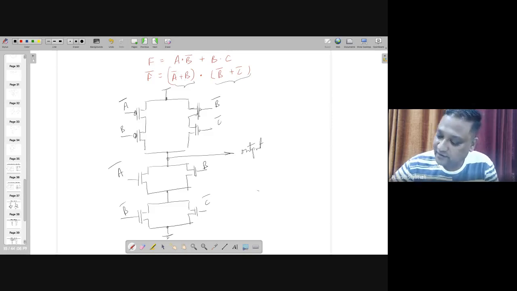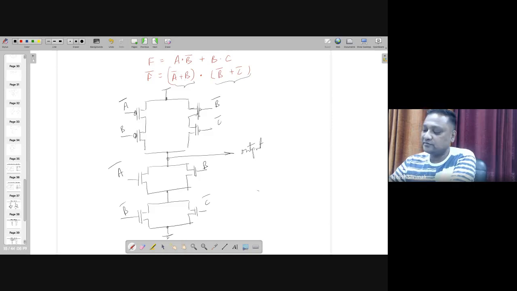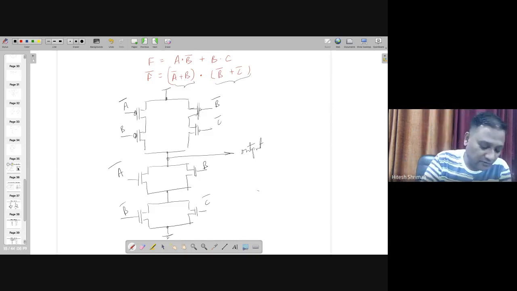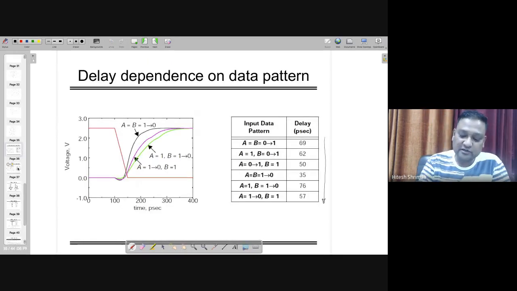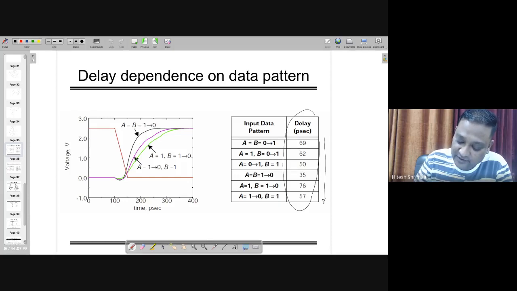If there are no doubts, we can go further, where we are talking about the data pattern. What pattern you give to your inputs A and B, or maybe different inputs, depending on that, the output will show the response, and accordingly the delay can change.